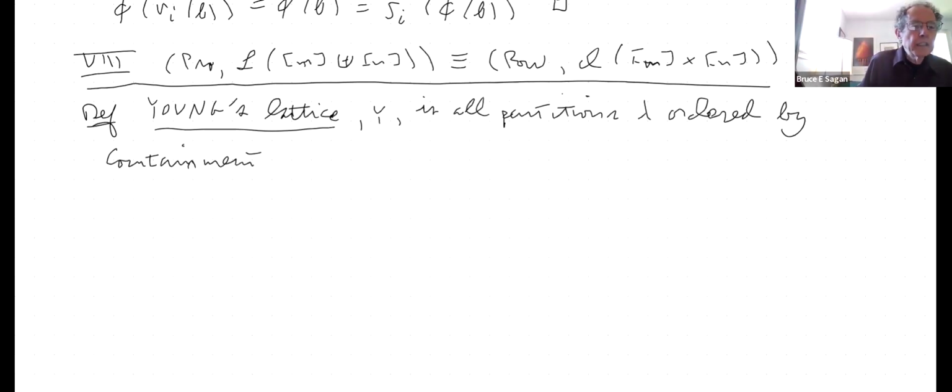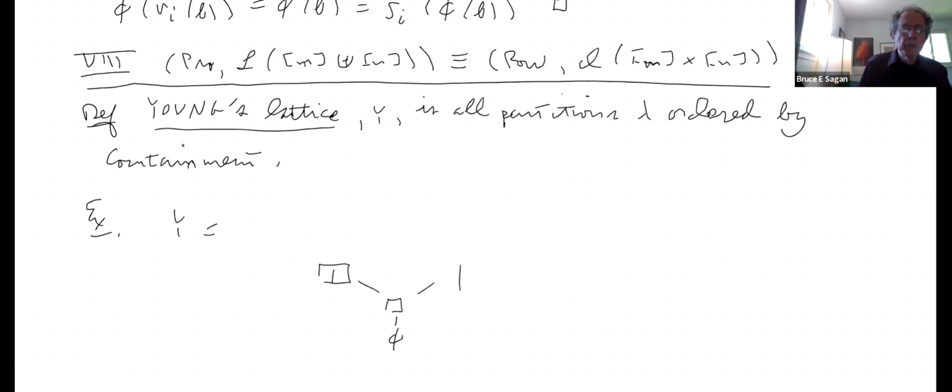So here's part of Y. We start with the smallest diagram, which is the empty diagram. That's contained in the diagram with one box. And then you have the diagrams with two boxes. Next, we'll have the diagrams with three boxes.